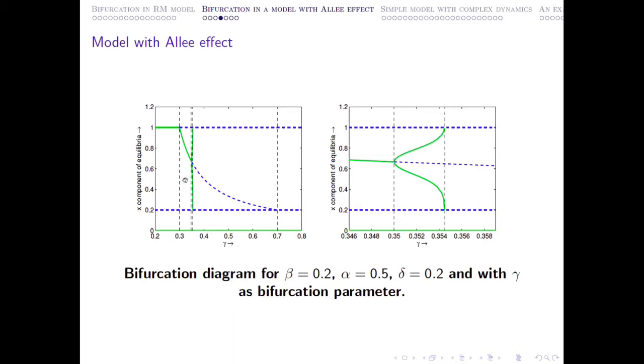So what happens apart from this small domain? Except for this small domain, all the time we can see that the predator goes to extinction. But if your gamma value is greater than this threshold, then the system shows a complete extinction, because (0, 0) is now the only attractor.